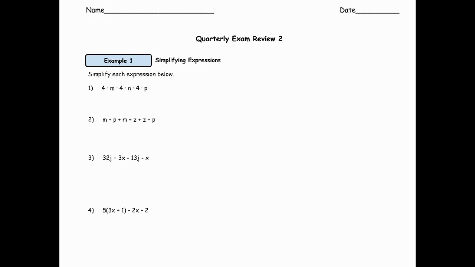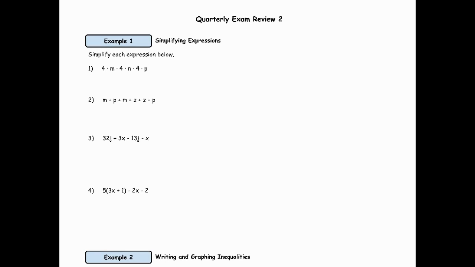In example 1, we're simplifying expressions, and in number 1, it says 4 times m times 4 times n times 4 times p. So what we can do is multiply the constants, the 4's. 4 times 4 times 4 is 64.